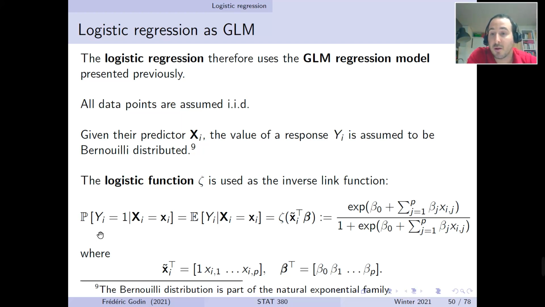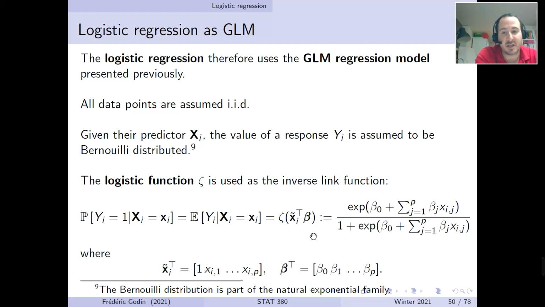In our model, the probability of being in class 1 given your predictors can be written as the conditional expectation of your response given your predictors, because the response is either 0 or 1. The expectation of that Bernoulli variable is the probability that it equals 1. We assume that this expectation is equal to the following.